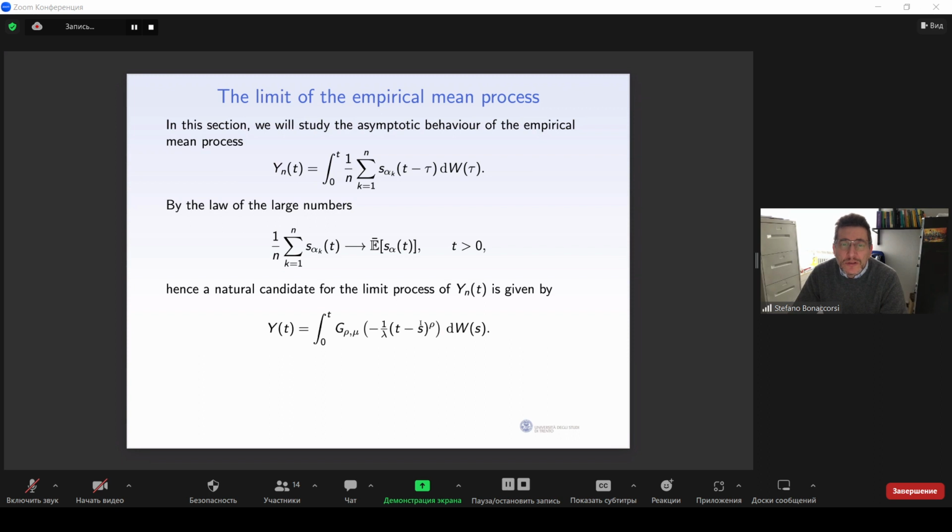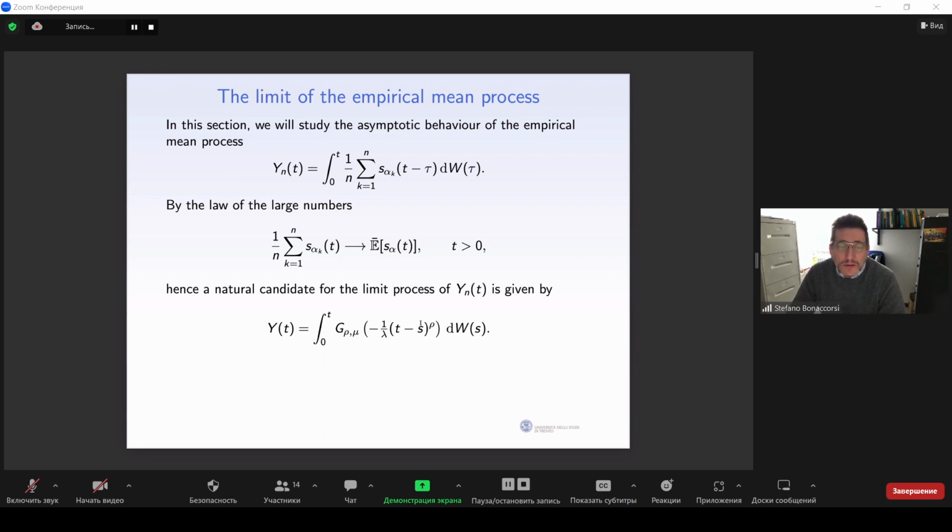As you see, the index of the sum is k, and so only S alpha k is involved. So I can apply the law of large numbers, in which case this sequence converges exactly to the expected value.